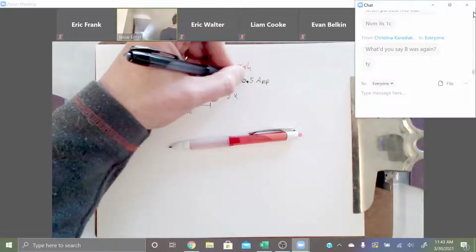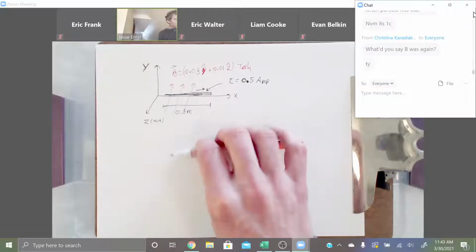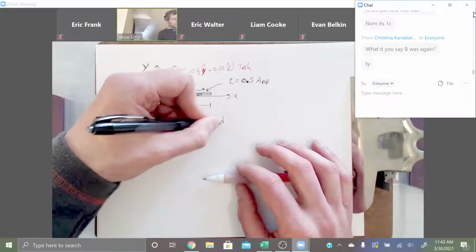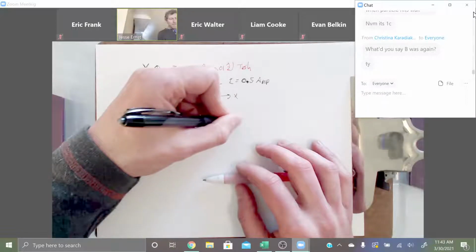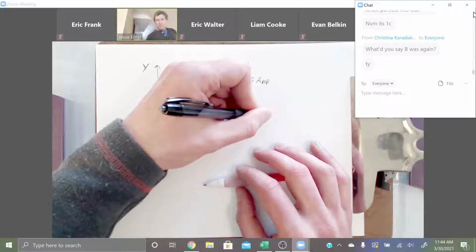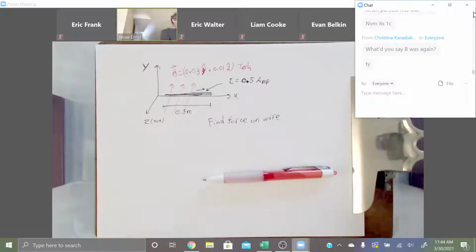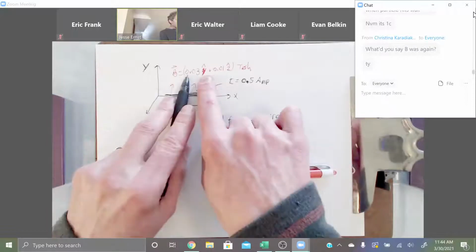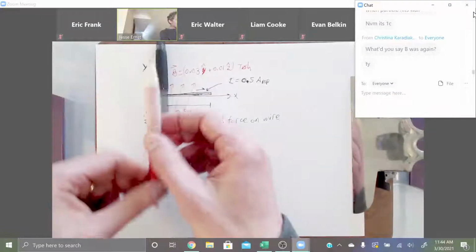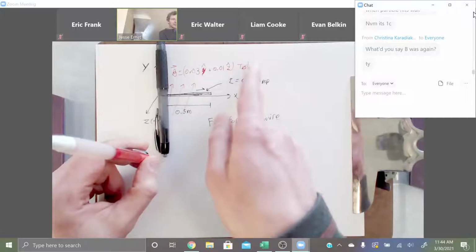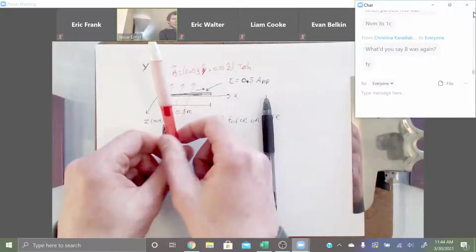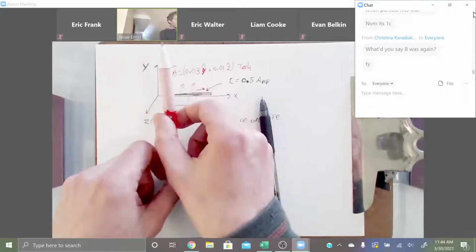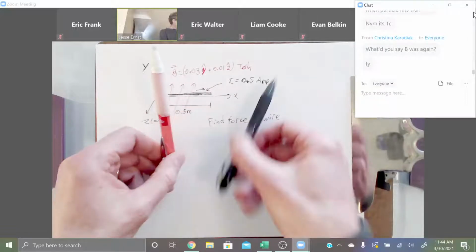Okay, so we want to find the force on the wire. The B field is a mix of y hat and z hat, more y hat than z hat, so it's kind of pointing this way, with no x component, only y and z. The current is going like this.